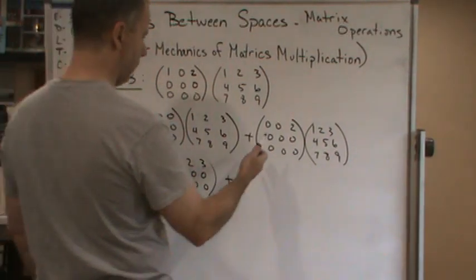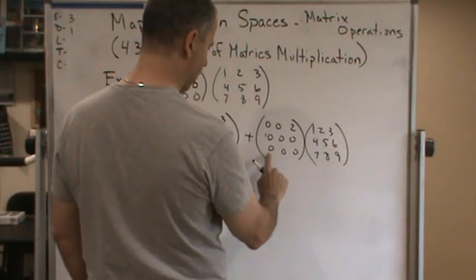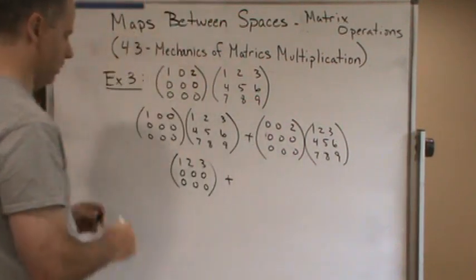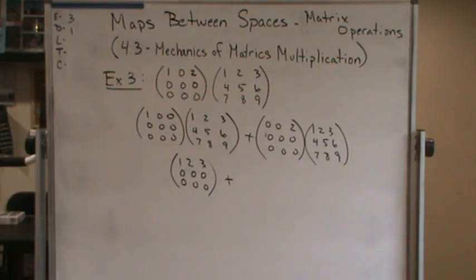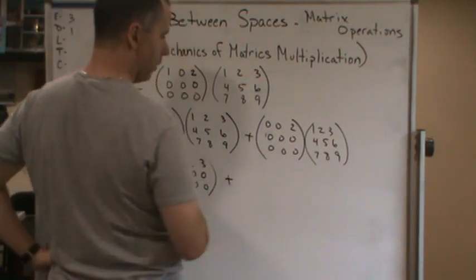Plus, now what is this doing? Again, it's repeating the first row, but it's going to repeat it in what? It's repeated in the third row, right?